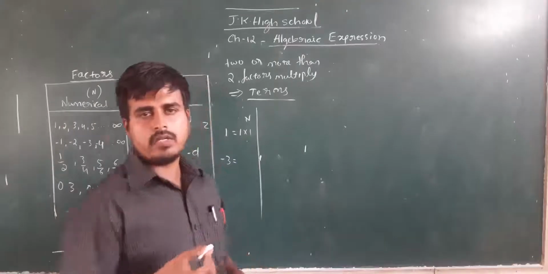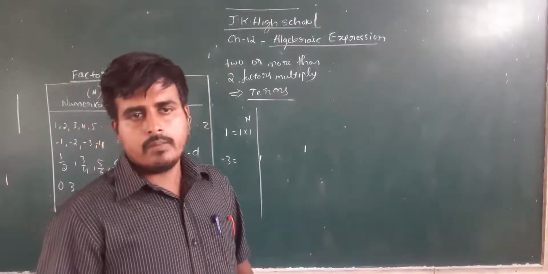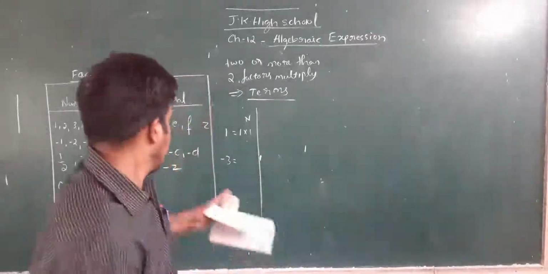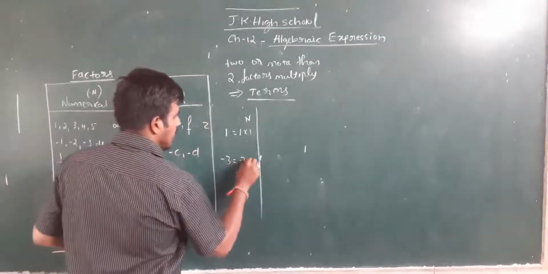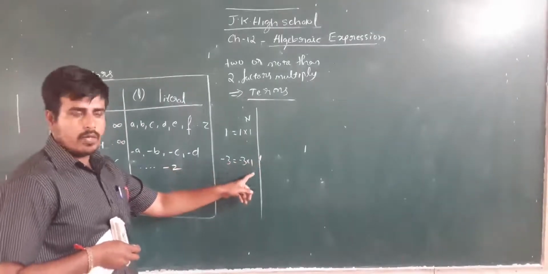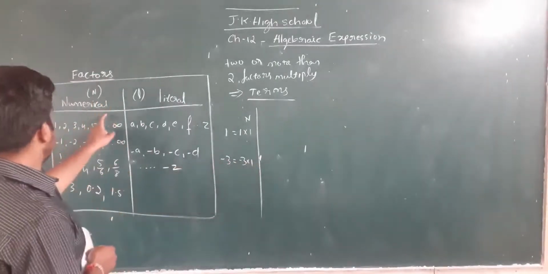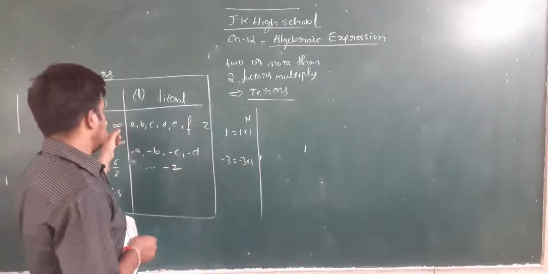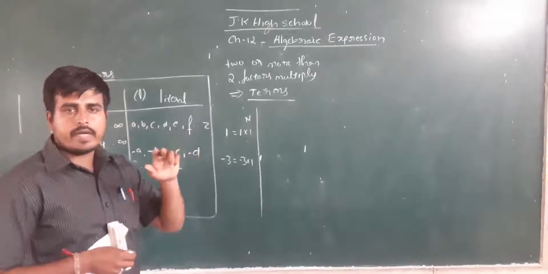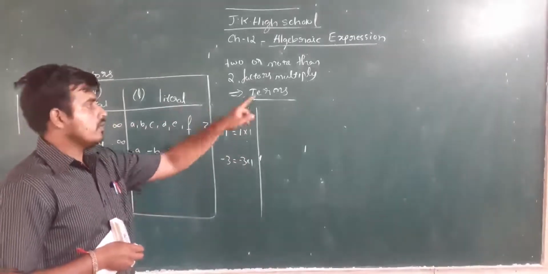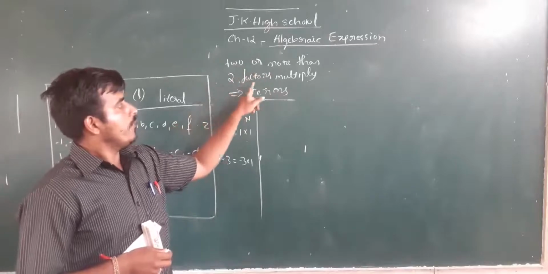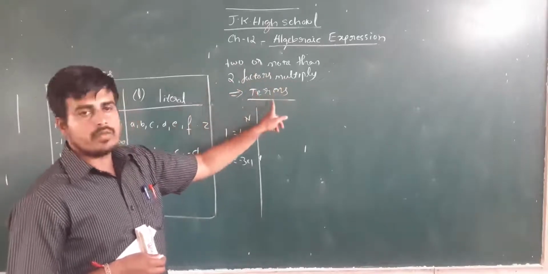It is a factor also, and it is a term also, because -3 can be expressed as a multiplication of two factors: -3 into 1. -3 is also a term and a factor, and 1 is also a factor. So whenever two or more than two factors multiply, it gives you terms.